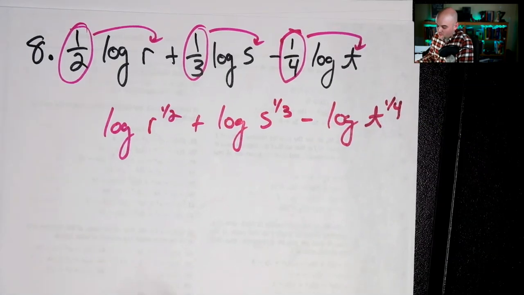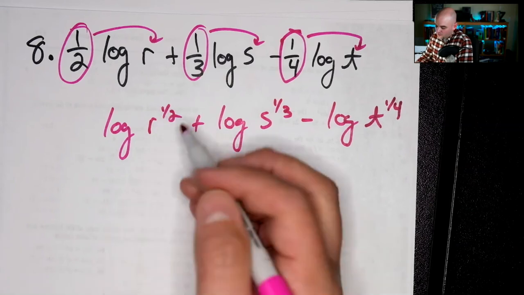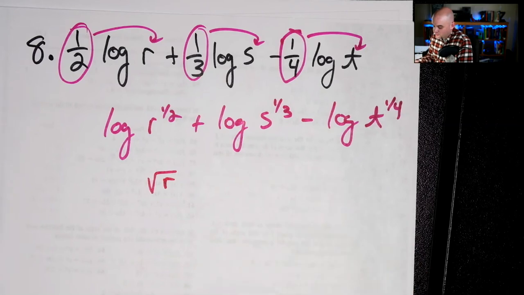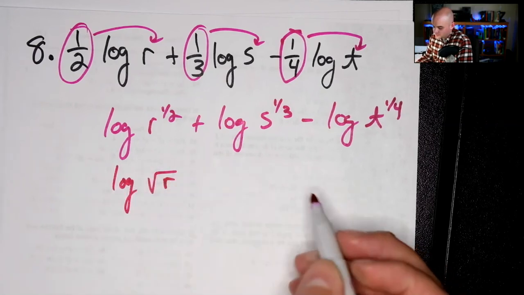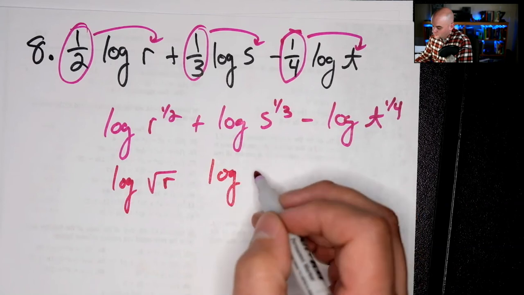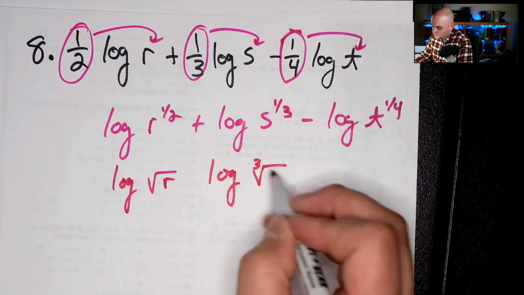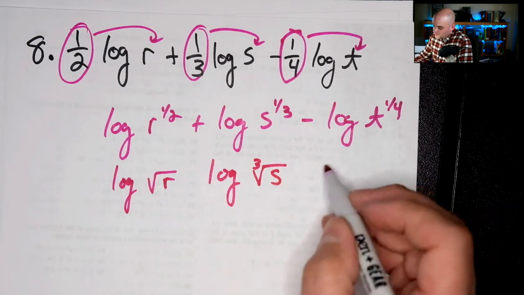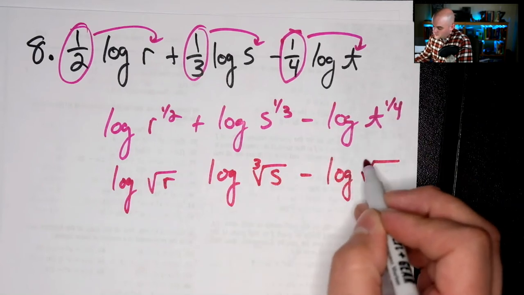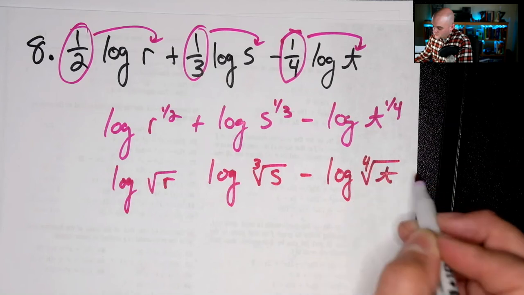Now, one thing we can do is we know that anything raised to the power of 1/2 is the same thing as the square root. So you could be looking at it like this. Anything raised to the 1/3 is the same thing as cubic root. So we have the cubic root of s here, and then we could say that this is the 4th root, so we could say the 4th root of t.